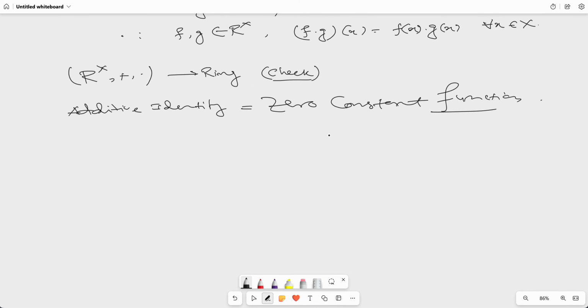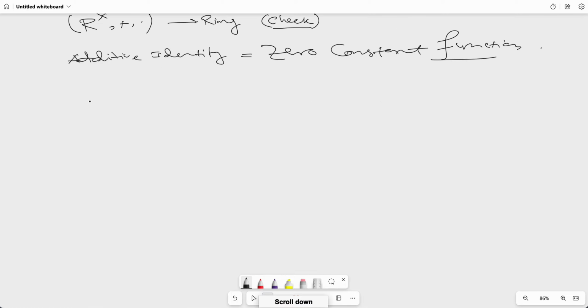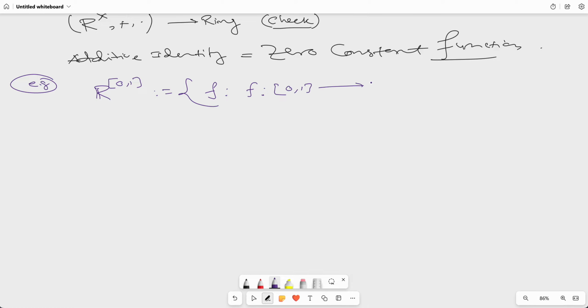So let me take a particular example. Suppose your ring is R and the set X is [0,1]. This will be all those functions f from [0,1] to R, the real numbers. Suppose this is our ring.